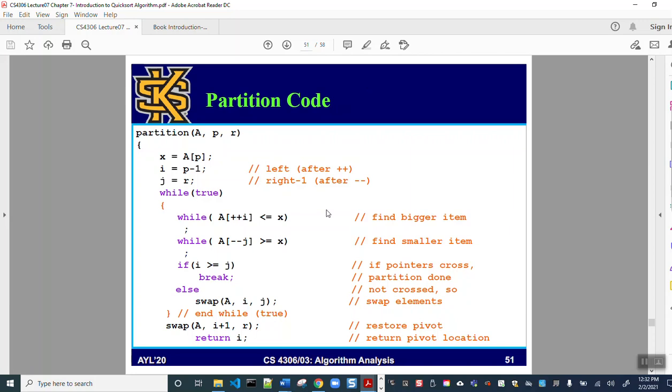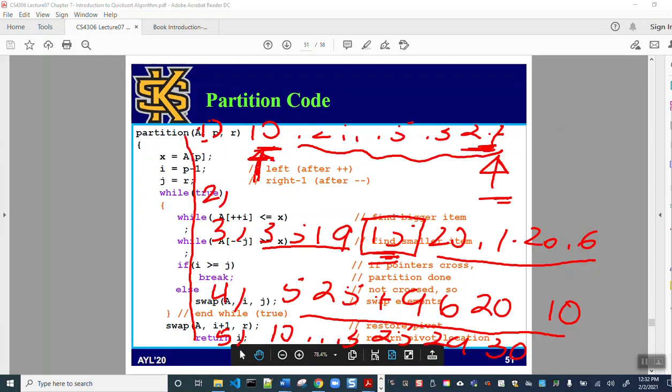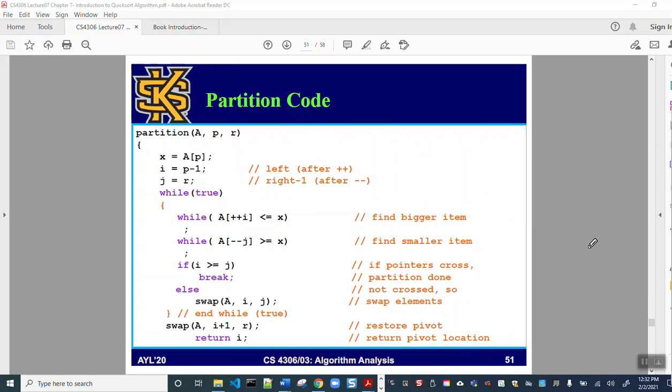So in order to understand the partition code, what I would like you to do is go through this algorithm. This is the partition method, right?